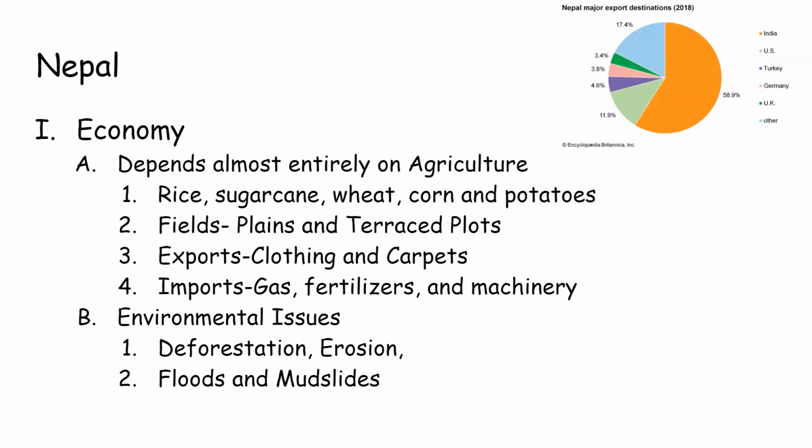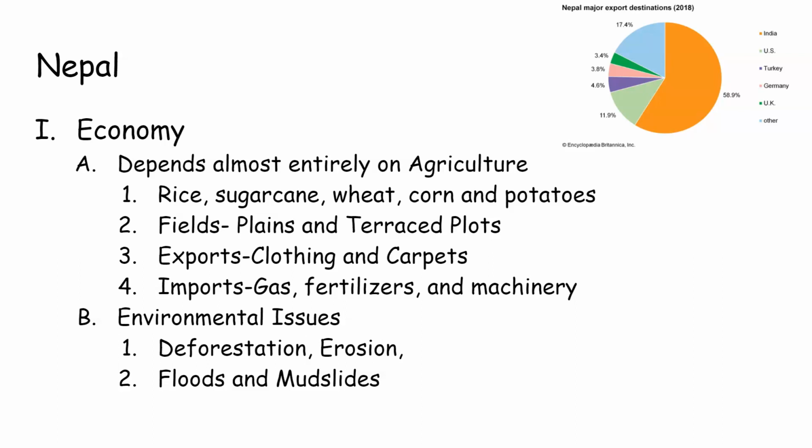Where Nepal seems to be most greatly affected, and this is again a great example of human-environment interaction, is in floods and mudslides. When you have very elevated areas meeting flatter areas, and you see a lot of rain come all at once, like in a monsoon season or in a wet season, that can cause mudslides, especially given the pretty large slope that you can experience with the Himalayas and the other hills that you would find in Nepal.